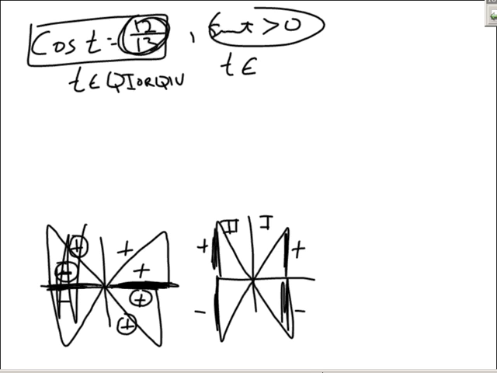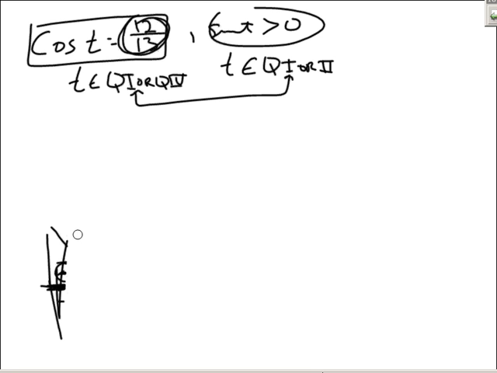T is in quadrant 1 or 2. We pick the common answer. We're in quadrant 1. T is in quadrant 1. So now that we know where t is, we can draw our triangle.